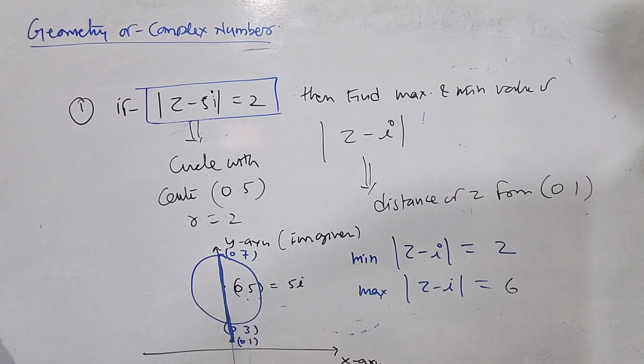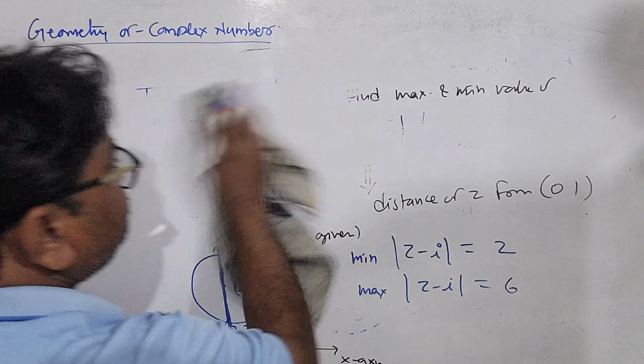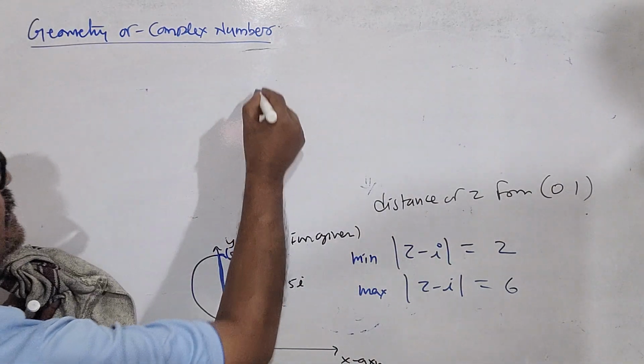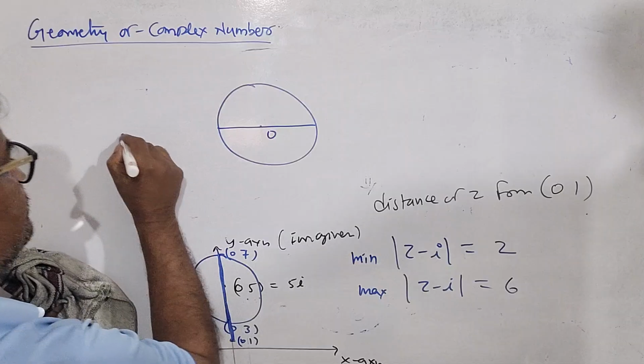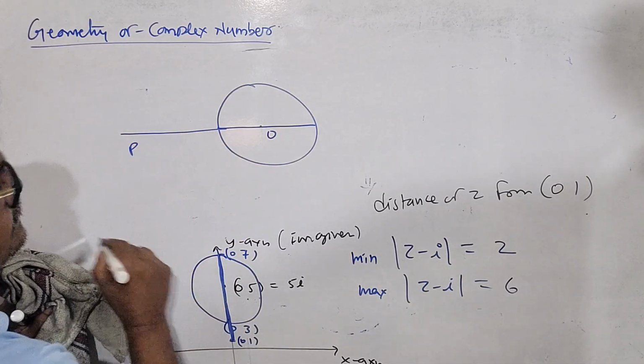Now we will discuss other problems also. Up to this, we have used only one circle in the problem, and we are using that concept. Which concept? In coordinate geometry, this is the circle, the center is O, this is the diameter, and this is a point which is lying outside the circle.